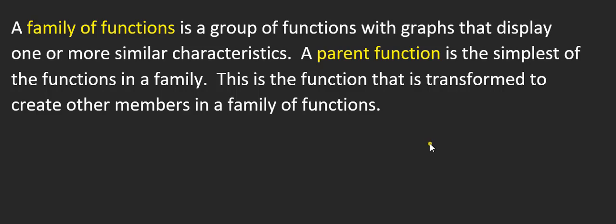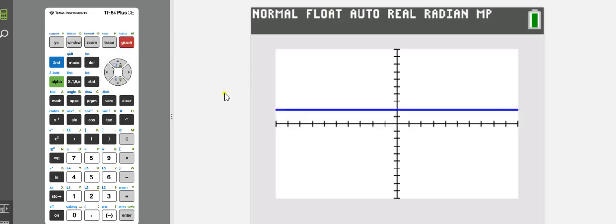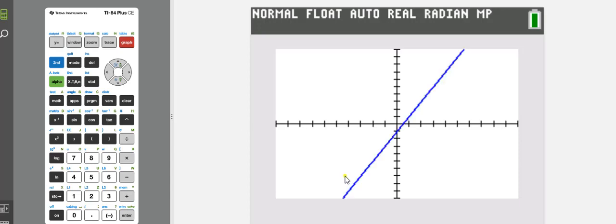So we'll look at some basic parent functions. When y is equal to a constant, such as y equals 2, we call it a constant function. And the parent function of a constant function is y equals 0. Next is a linear function, such as y equals 2x minus 1.